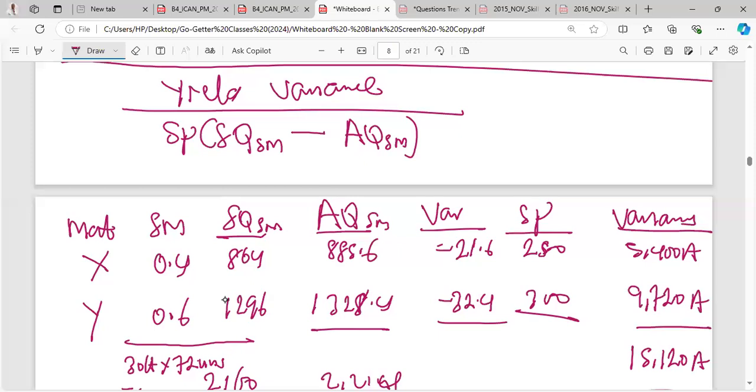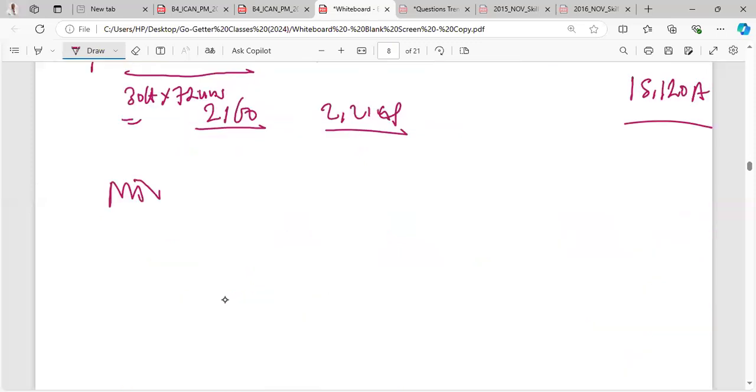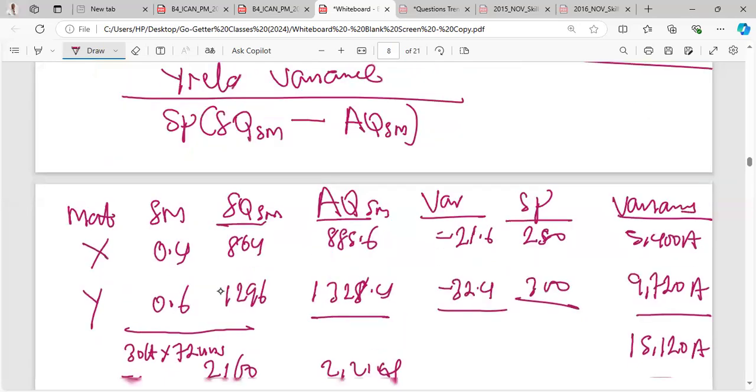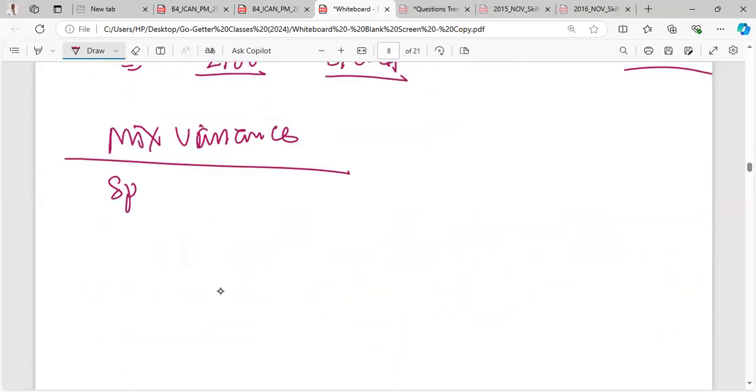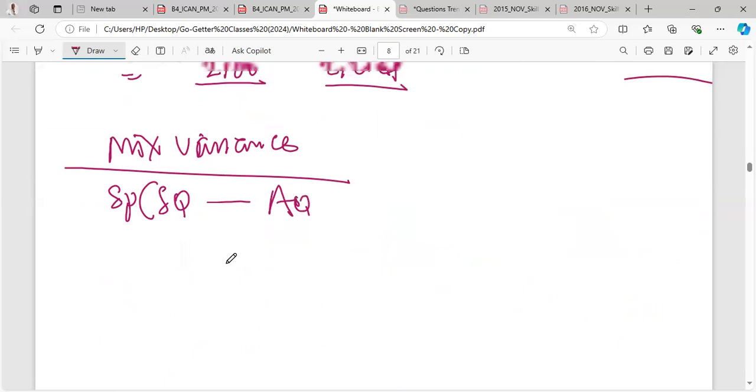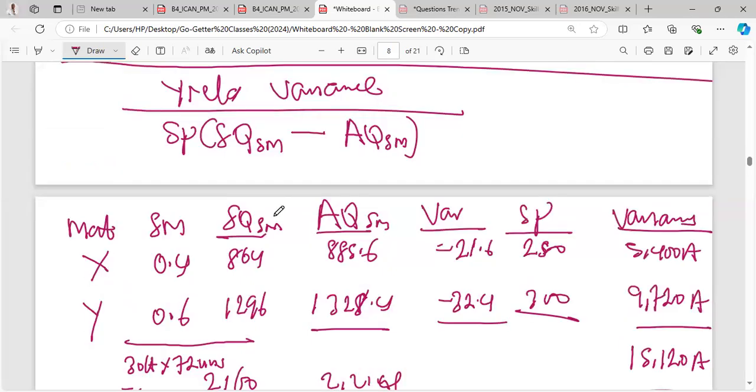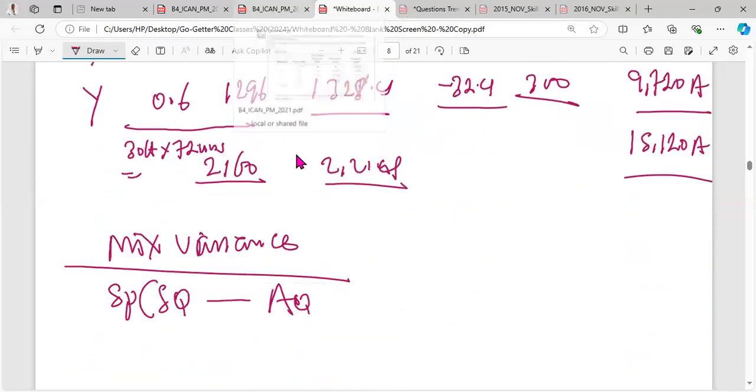Then your mix variance. We are going to do it this way. We said it's still going to be standard price, standard quantity minus actual quantity. Let's see what was done here.